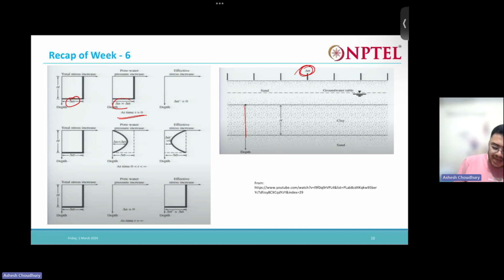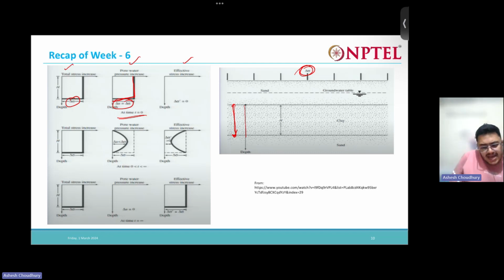So we are making three diagrams: total stress, pore water pressure, and effective stress. All along the height of the clay layer, the pore water pressure is increased to delta sigma. And what is the effective stress? The effective stress is 0, because as soon as you apply the load, all the load is taken by the water.